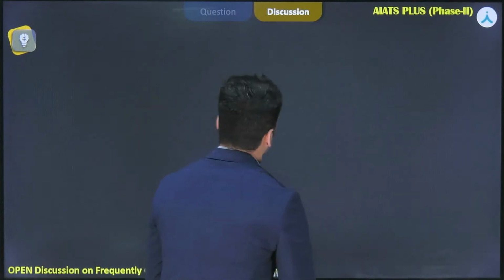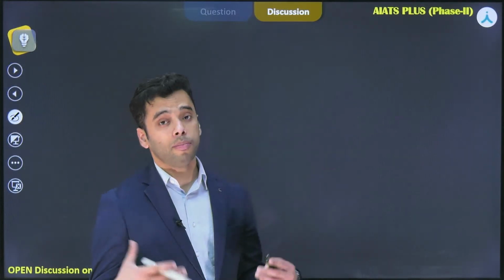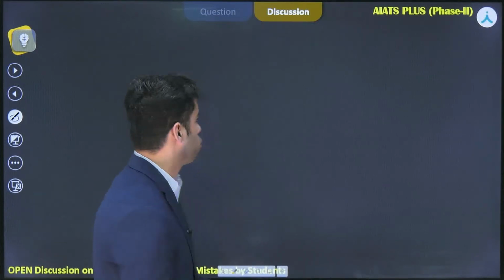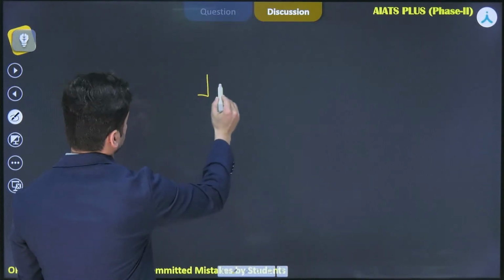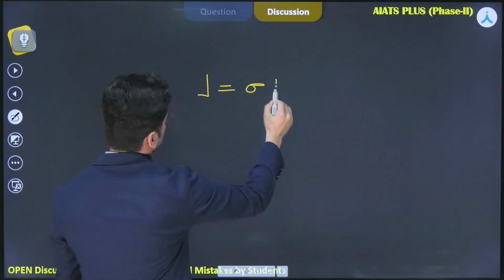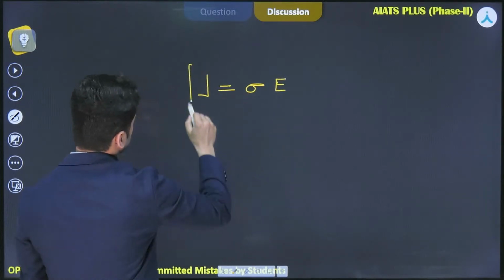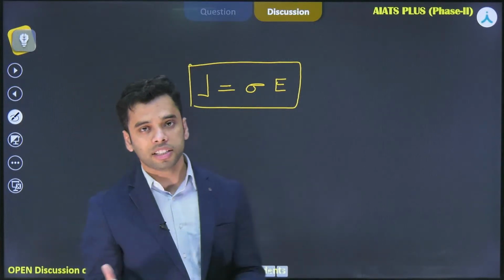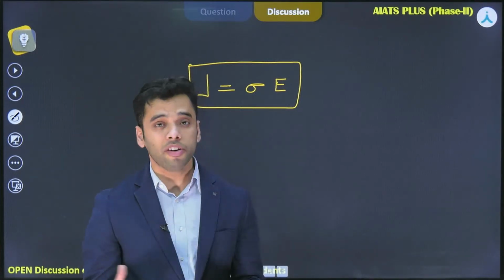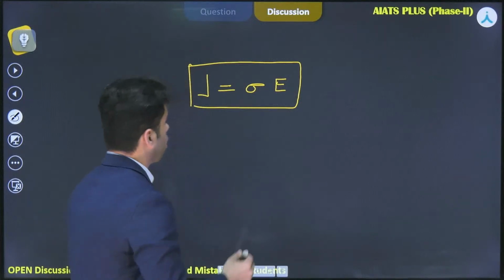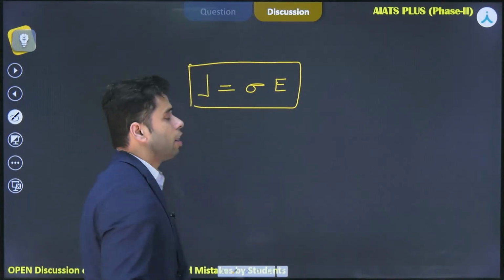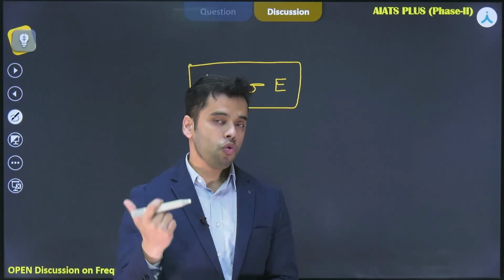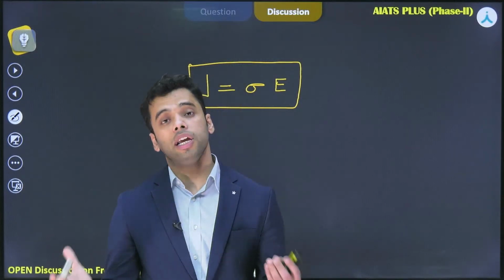So let's talk about the next part. We also need to comment about the electric field. So for the electric field, have a look at this equation: J is equal to sigma E. Now there are three terms over here. J is the current density, sigma is the conductivity, E is the electric field. Now we very well know that current density is going to vary, and we need to comment about the electric field.